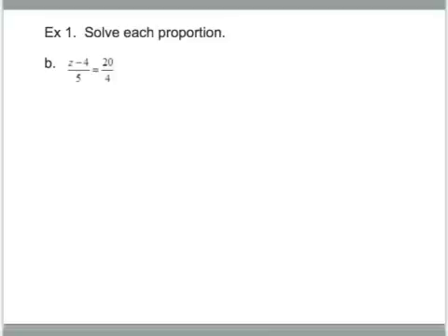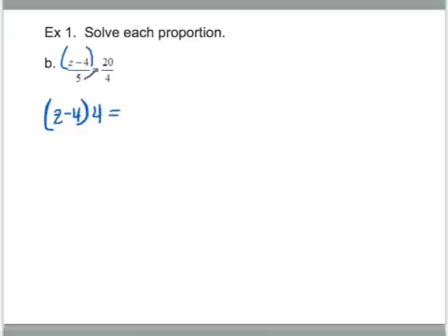Example 1b also says to solve again. But this time I have z minus 4 in the numerator over 5 is equal to 20 over 4. So I'm still using the cross product property here. But I want to make sure I put parentheses around my numerator because I have an operation going on. This is going to be (z minus 4) times 4.